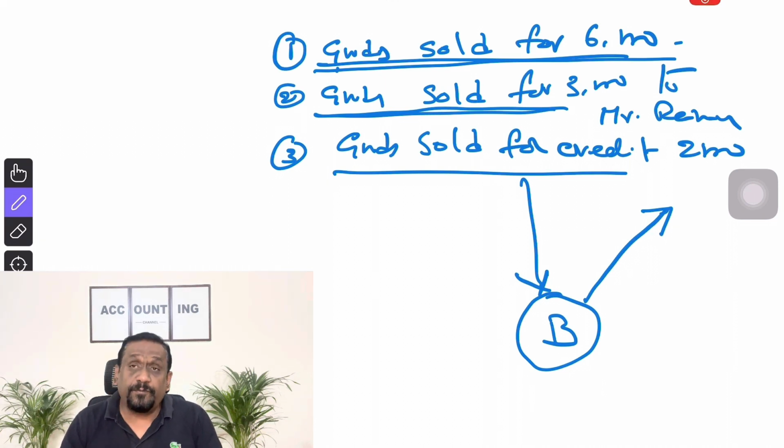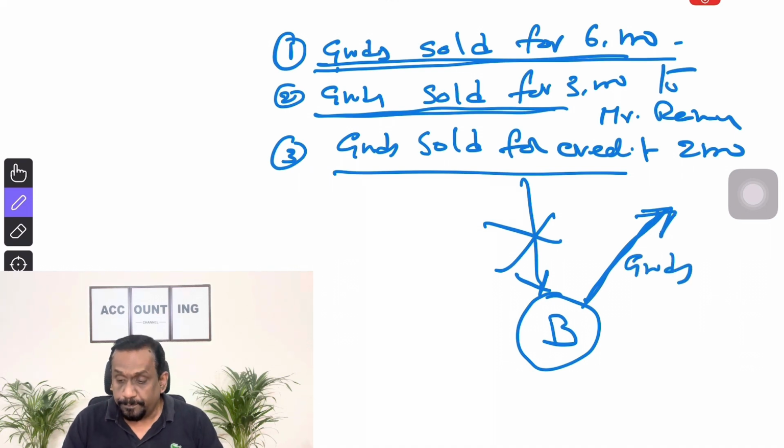What comes in when we sold goods for credit? Nothing comes in. Because if it is sold for cash, cash will come. No, it is sold for credit. So nothing comes in. Then what goes out? Goods.